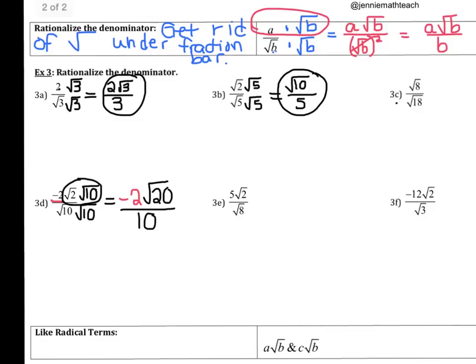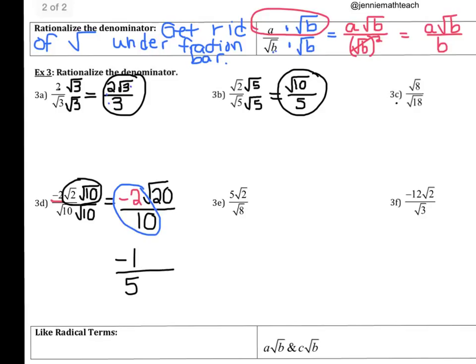Now, this is one that can be further reduced. If you look at the example above it, the 2 and the 3, you can't simplify 2 over 3. We can't further reduce the square root of 3. But there's a couple things that we can do with this problem. First of all, the negative 2 and the 10, since those are both not underneath the radical sign, we can simplify those. That will simplify to negative 1 over 5.